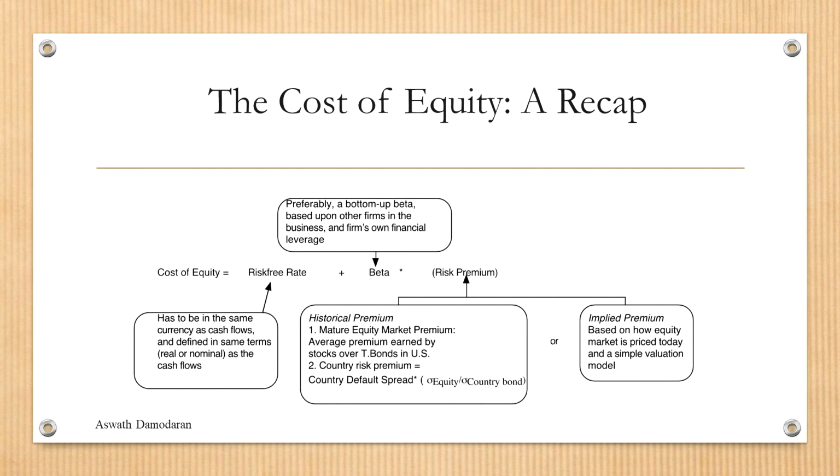Okay, three issues: cost of equity, cost of debt, and cost of capital. You may have one question: why do we need to deal with all three costs of capital, equity, and debt? The answer is all three are discount rates that we are going to use in stock valuation.